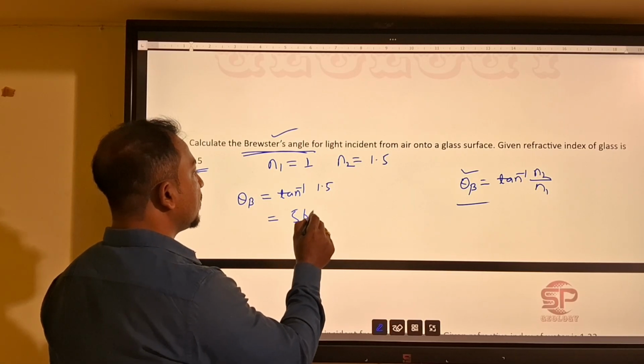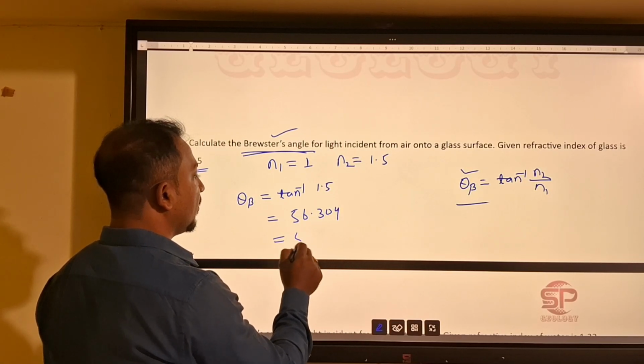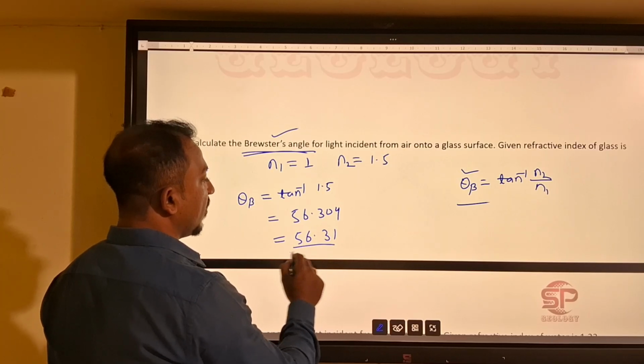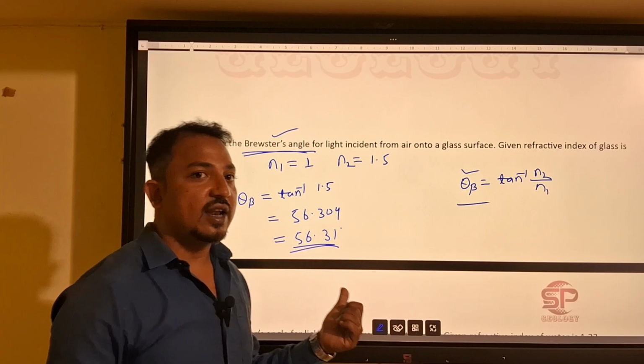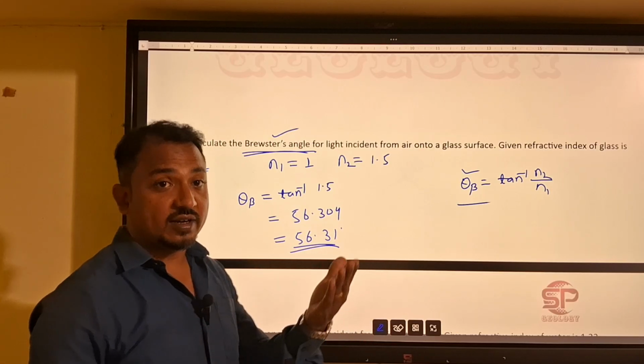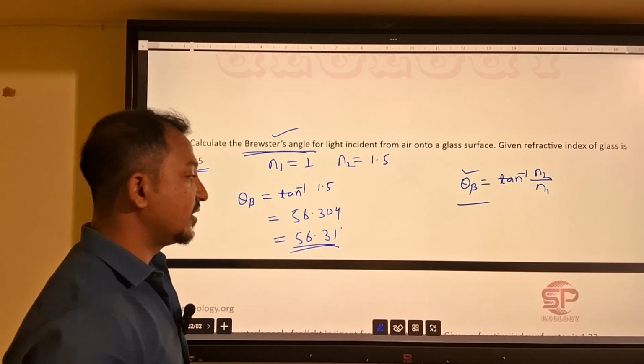It will be 56.309, or 56.31 degrees. This much will be your Brewster's angle. If you incident the light at this angle, then the reflected ray and refracted ray are polarized.